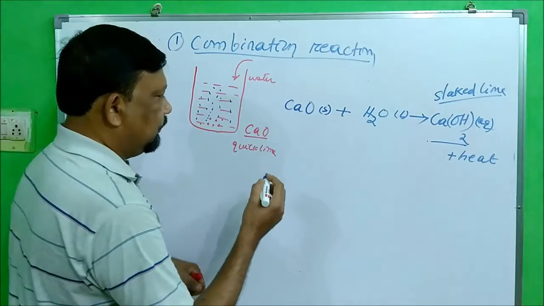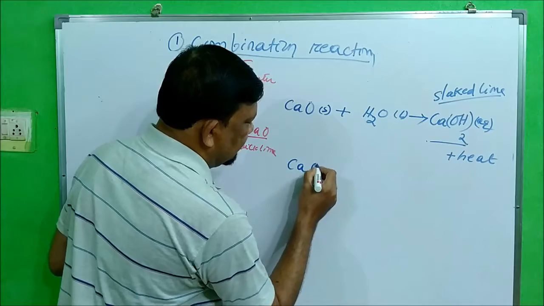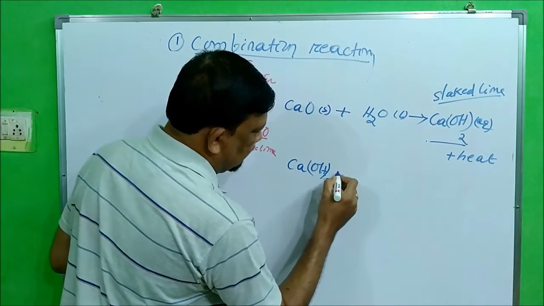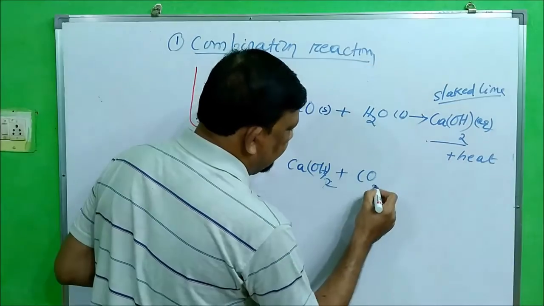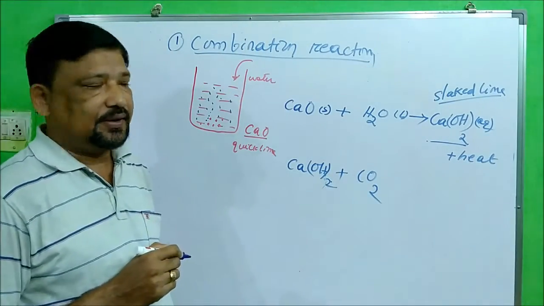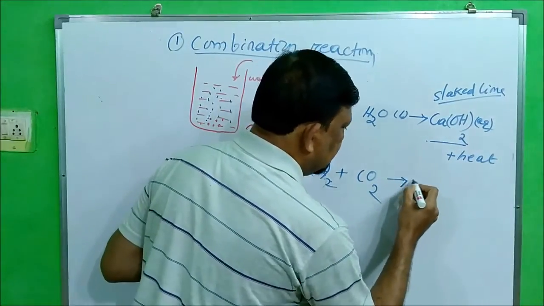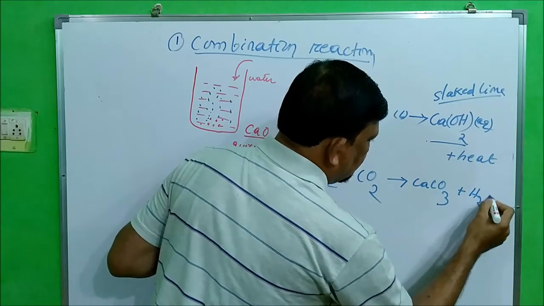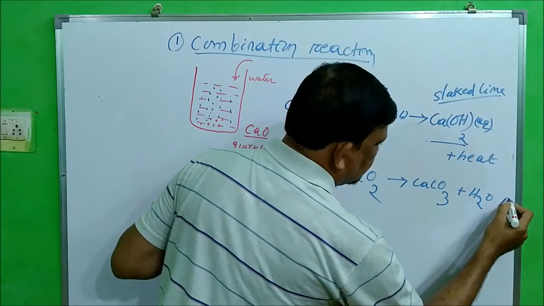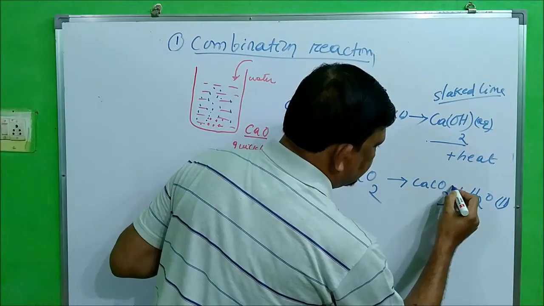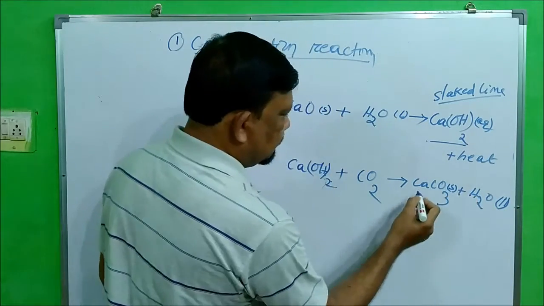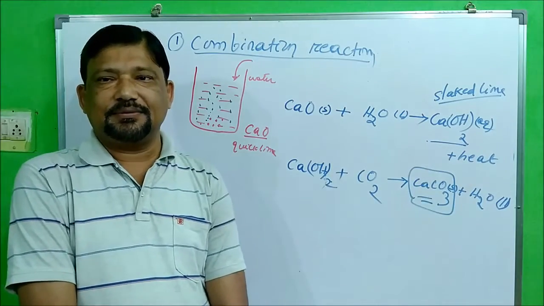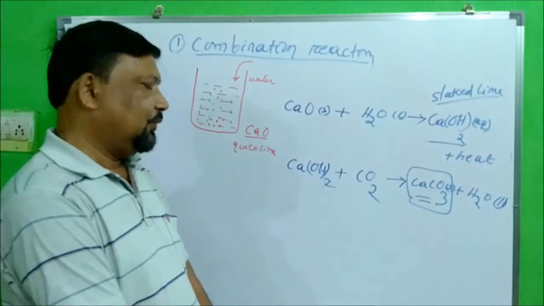How? When this calcium hydroxide comes in contact with carbon dioxide of atmosphere, that changes to calcium carbonate plus water, so liquid, and this is solid. So this solidifies, and this is the white color that glows on your wall, white finishing.